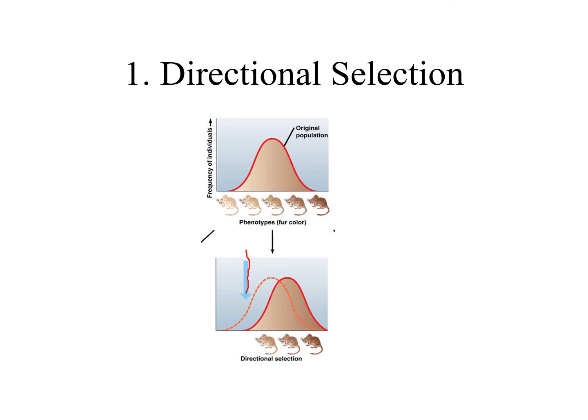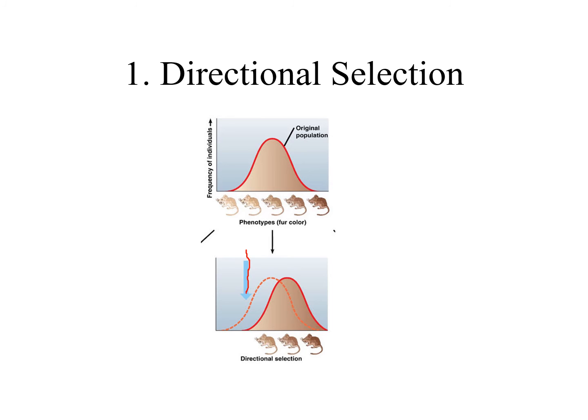The individuals at that end of the range of variation have lower rates of survival and reproduction. The genes that confer the darker colors are favored under this particular selection pressure.